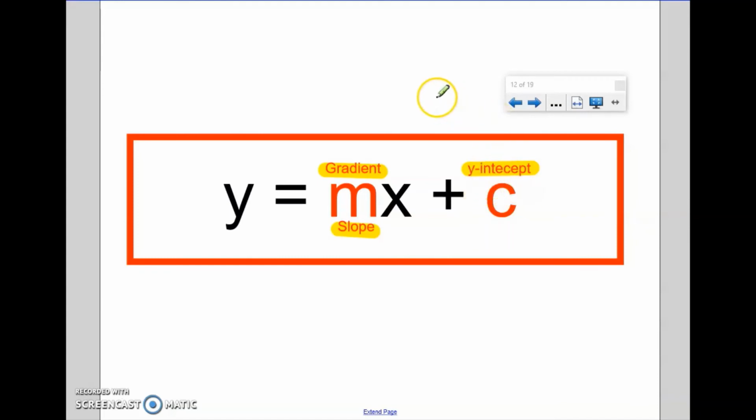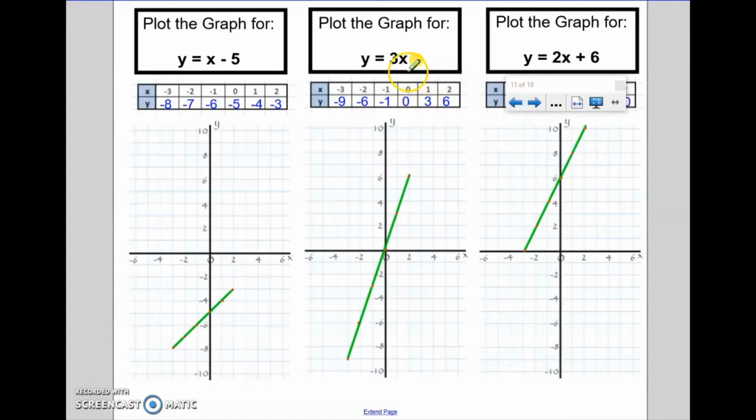So if I go back to my previous slide, for here, there was no value included, which is why the y-intercept crosses at 0. So I could have written this as y equals 3x plus 0, and that would have corresponded to the graph cutting the axes at 0.